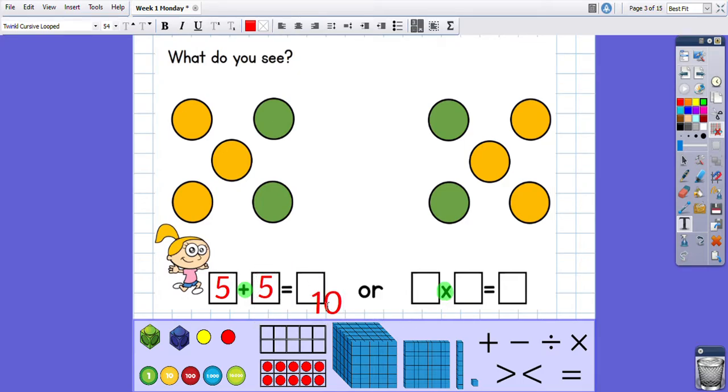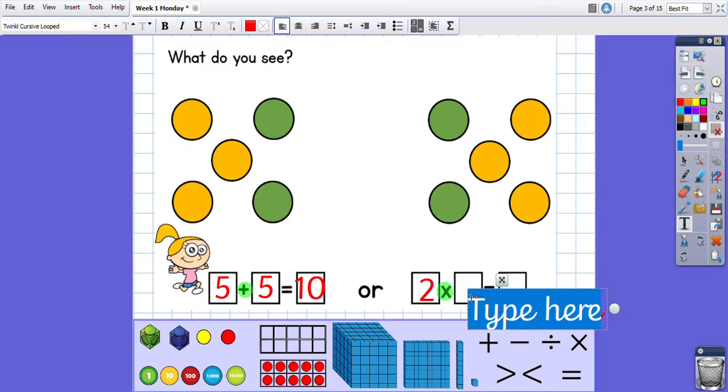However, I can also see that there are two groups, one group here and one group here, both with 5 in each group, and it gives me the same answer of 10.